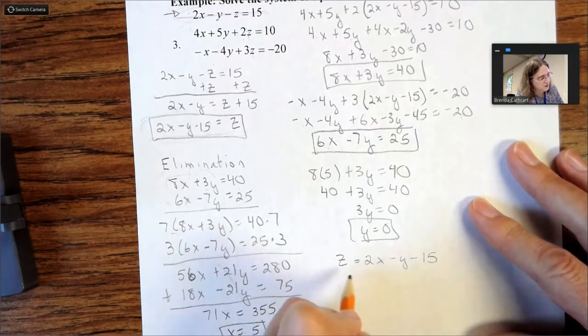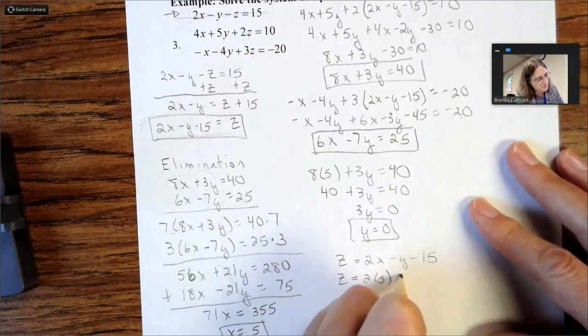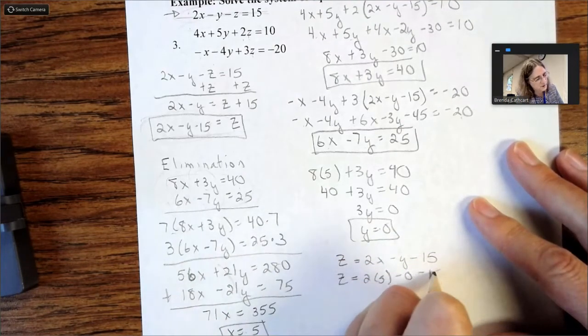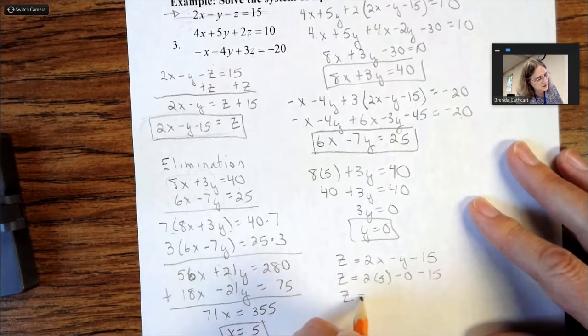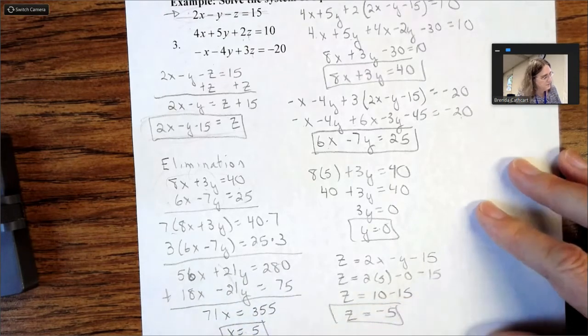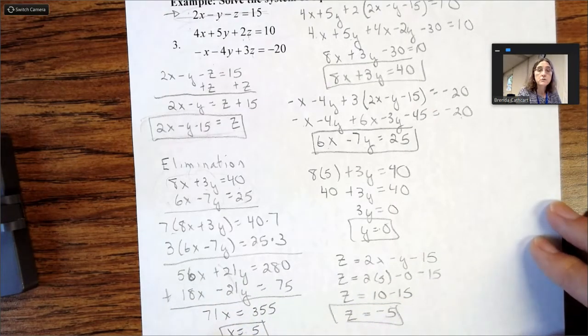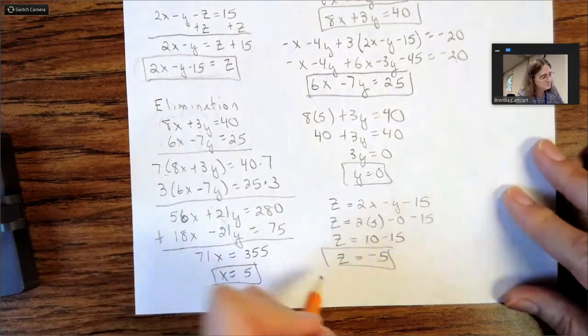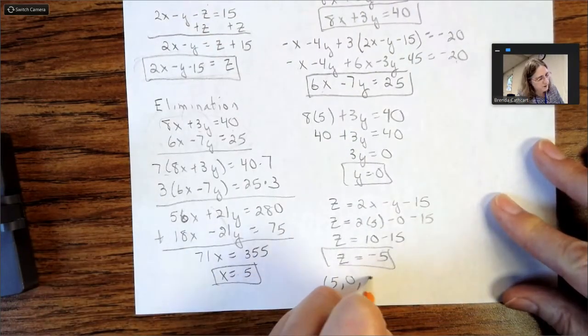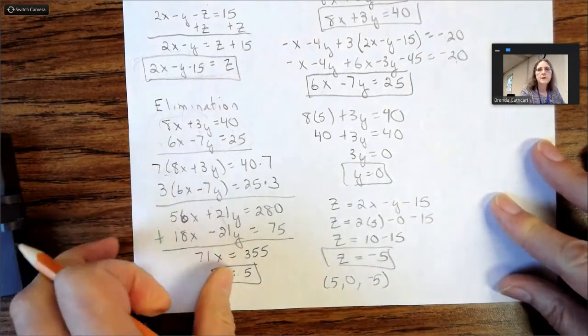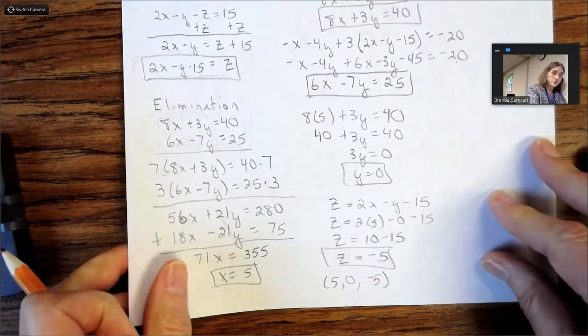So let's put our numbers in. Z is equal to 2 times 5 minus y, which is 0, minus 15. Or z is equal to 10 minus 15, which is negative 5. So I have the solution, again, the ordered triple x, y, and z, 5, 0, negative 5. And that's using substitution.